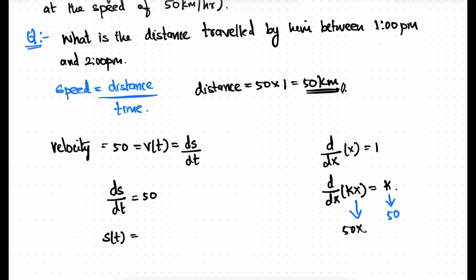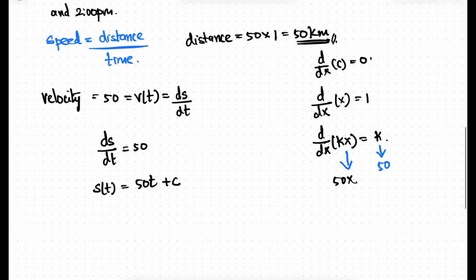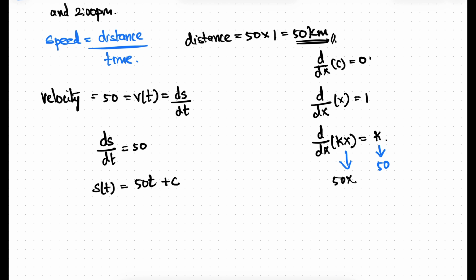So I can easily state that when your first derivative is 50, the original function has to be 50t, since t is the variable. And not only this, you can also have a constant c over here, because the differentiation of a constant is 0, since 50 can be written as 50 plus 0. There is a possibility that there is a constant in the function such that when it got differentiated it became 0. So now I have just found your distance function.